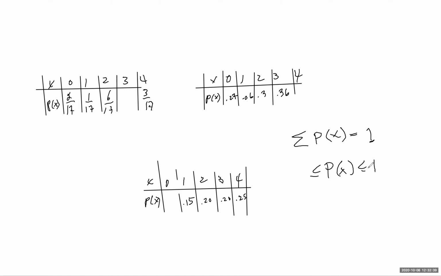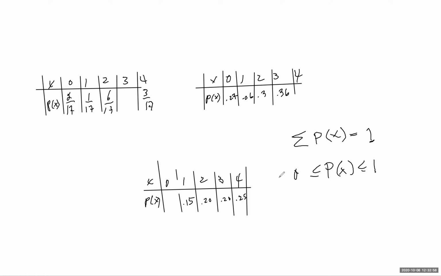Every probability individually must be between 0 and 1 inclusive. So you can have probabilities as low as 0 and as great as 1, but not over 1 and not below 0, not negative. And when you add them all up, they can't add up to anything other than 1.